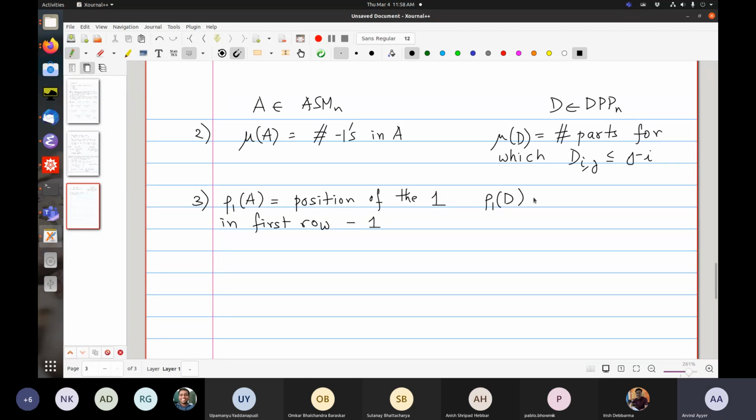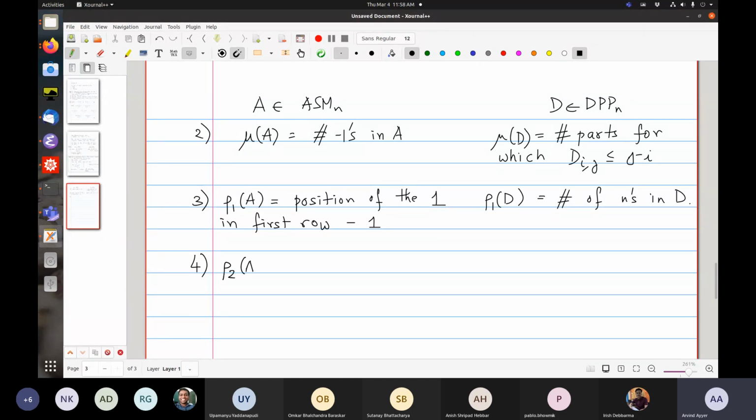And I'll define rho 1 of D as simply the number of n's in D. You remember n can be the largest part in a descending plane partition of order n, and how many times n occurs is counted by rho 1.